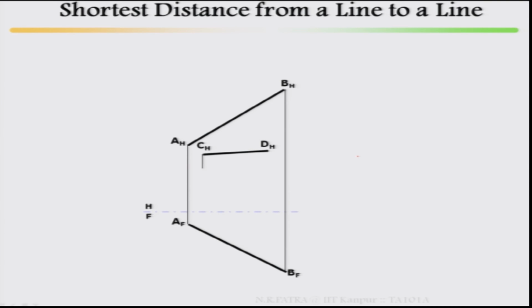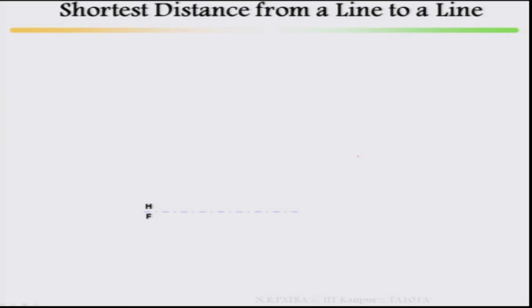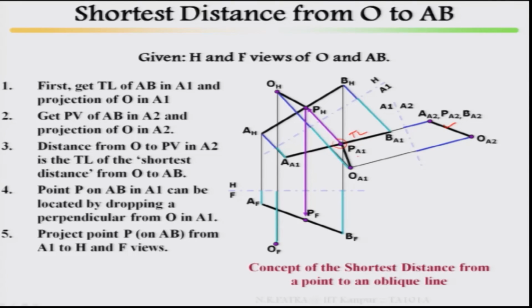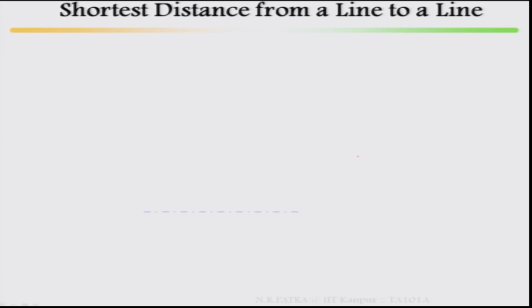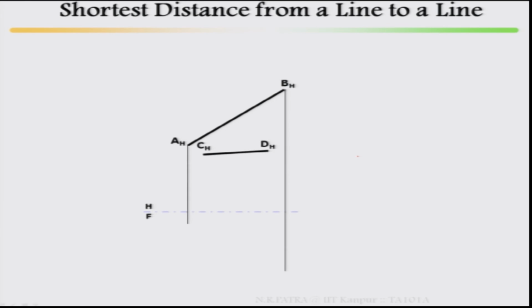Earlier we have discussed the shortest distance from a point to a line. Now in this case, the shortest distance from a line to a line, we will go one by one. There are two lines AB and CD, top view and front view have been drawn.